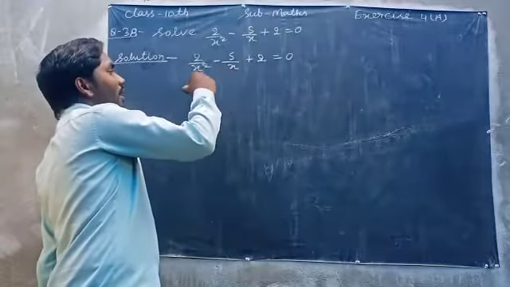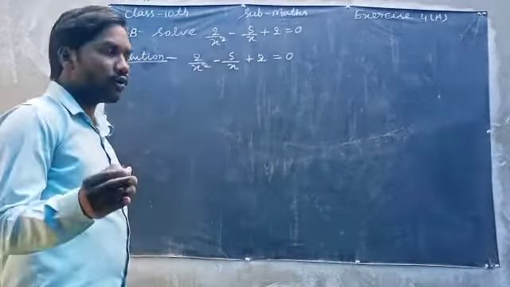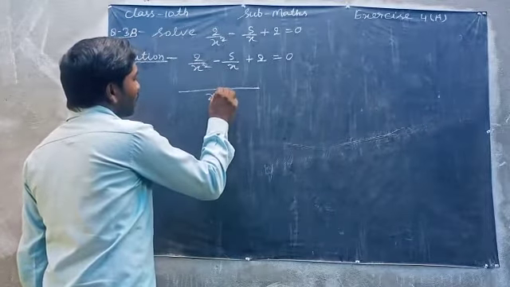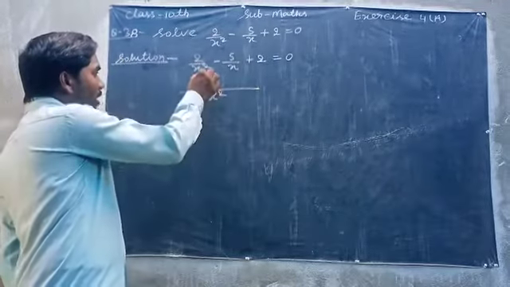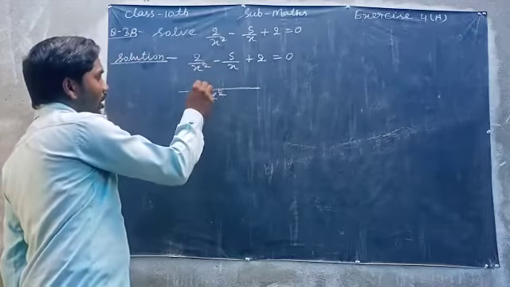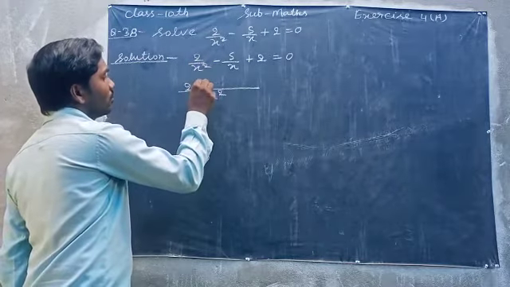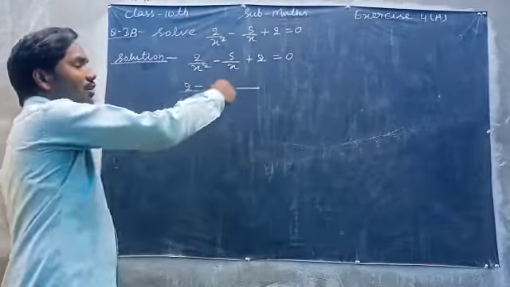As you can see here, x square and x are the denominators. So, we will take the LCM, and our LCM will be x square. If we divide x square by x square, we get 1. So, 2 into 1 means 2, minus 5, and here it is x.